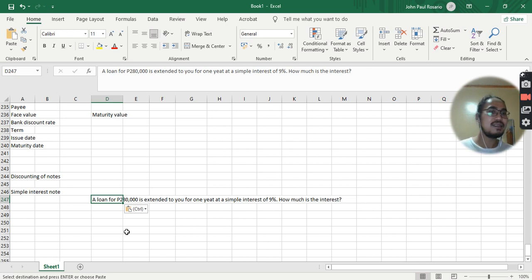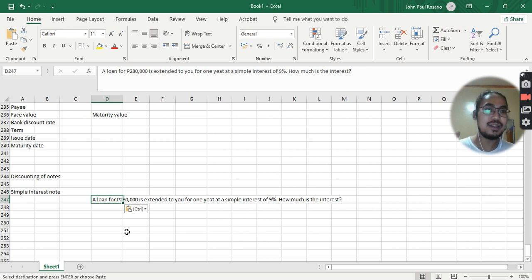Okay, so be it a simple interest note or a bank discount note, there are instances wherein it is discounted in a bank. When we say discounting, it is when you suddenly need money. For example, it will be 1 year before you can collect the money, but after 3 months of lending, you yourself need money, so you get it discounted in the bank.